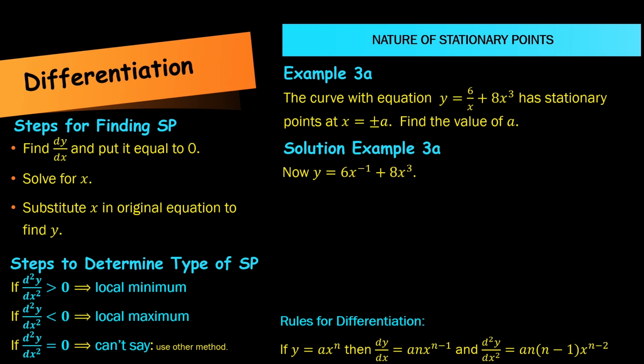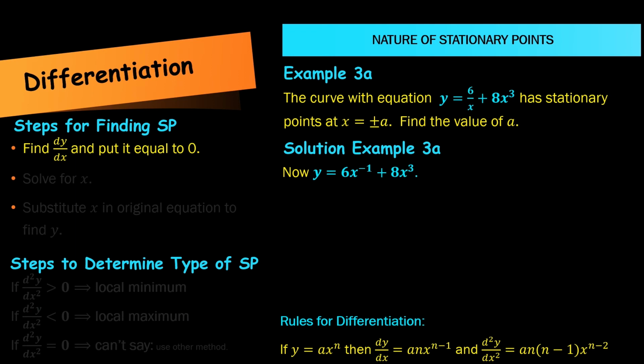We've put it in this form so that we can differentiate easily. So differentiating gives us dy/dx equals minus 6x⁻² plus 24x².